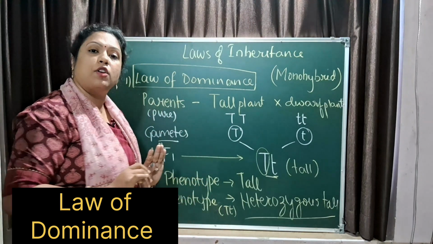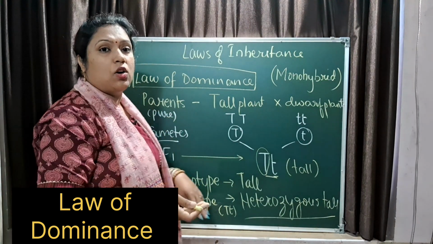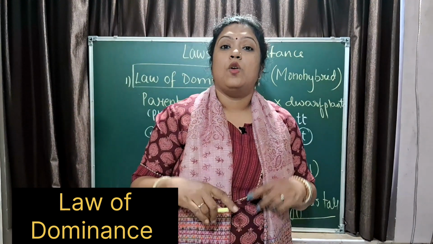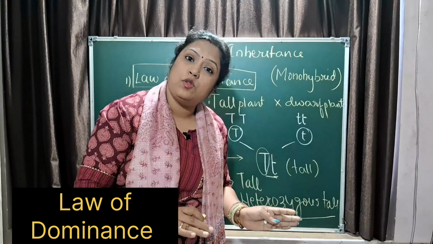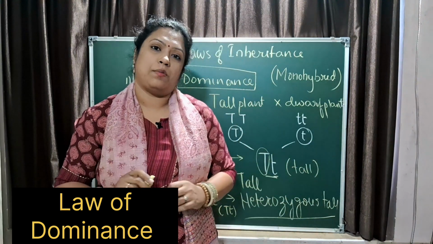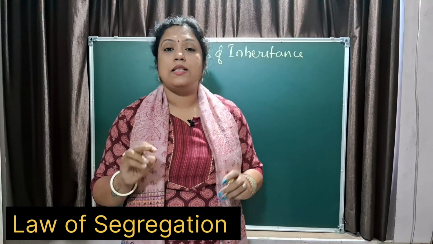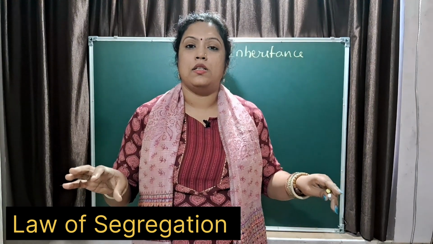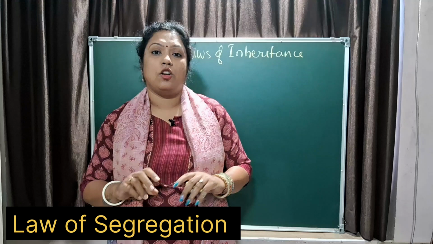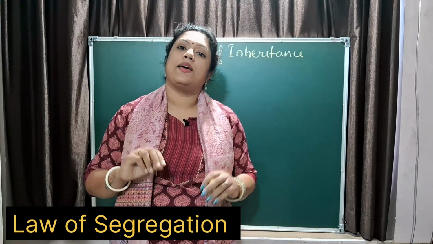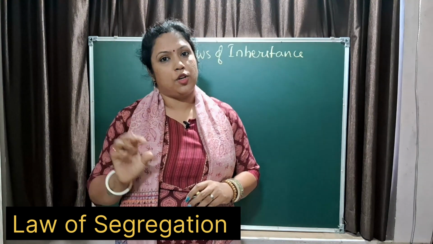This is the law of dominance. For the next law, that is law of segregation, we need to find out the F2 generation of the monohybrid cross. According to this law, the 2 factors separate themselves into the gametes without blending with each other or without mixing. That is why this law is called the law of purity of gametes.